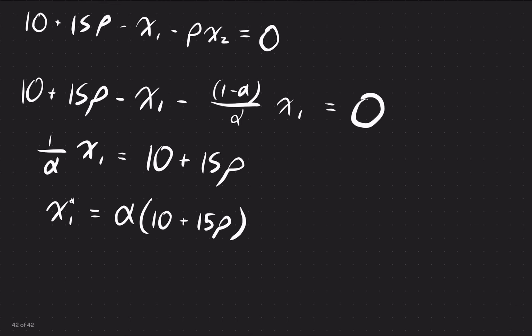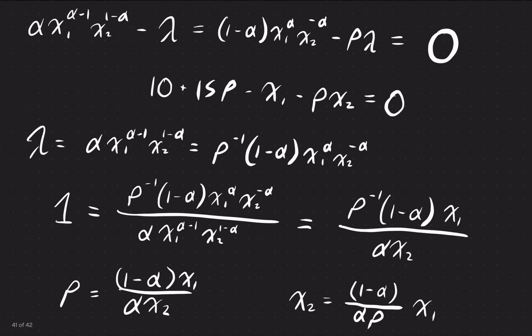And to find x2, you can just move this to the other side, divide through by rho, so you get x2 star, or you could also just do what I'm going to do and use this.